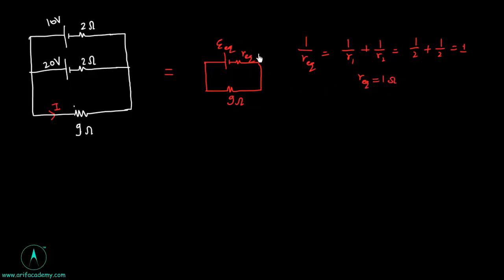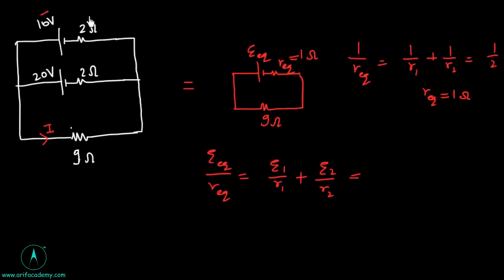And E equivalent upon R equivalent equals E1 by R1 plus E2 by R2, that's 10 divided by 2 plus 20 divided by 2.